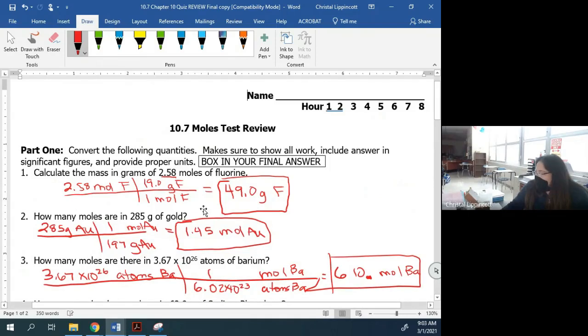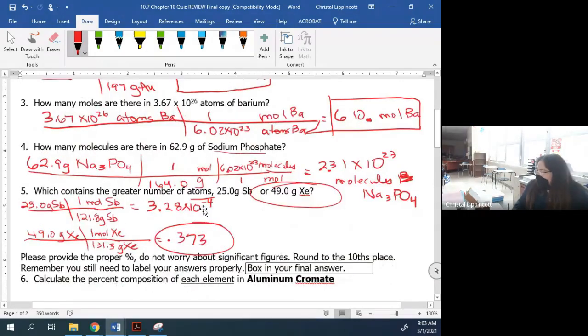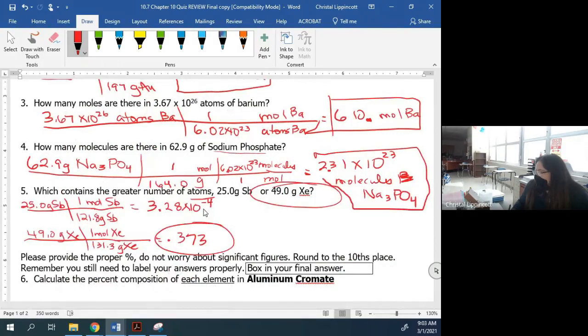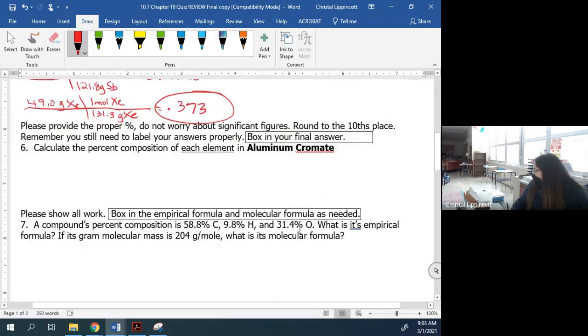But I at least need to see what you're doing as far as your operation is concerned. And you're like, why? Well, because part of AP is you have to show your work. If you just put an answer down for AP, they will not accept it. So I'm trying to get you trained so that when you take that class, when you take that test, you're ready to go. And I know that's frustrating, but that's just the way it is.